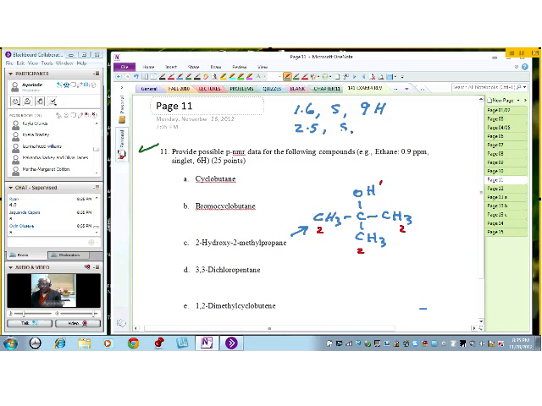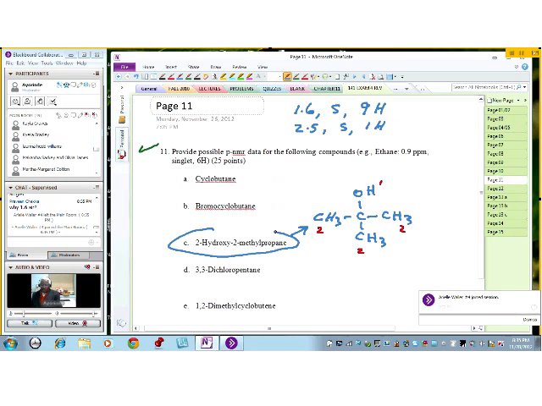Singlet. Okay, very good. Because you do not split through oxygen, so therefore this is a singlet and one hydrogen. And so what do we have here? This is the NMR data for this molecule. Okay, go ahead and ask a question. Somebody ask a question.